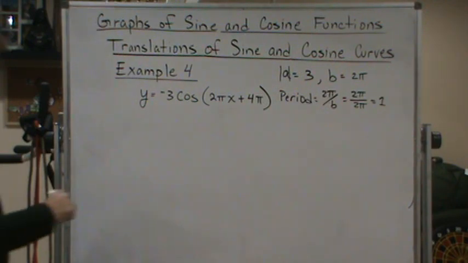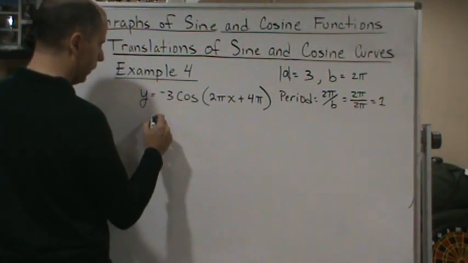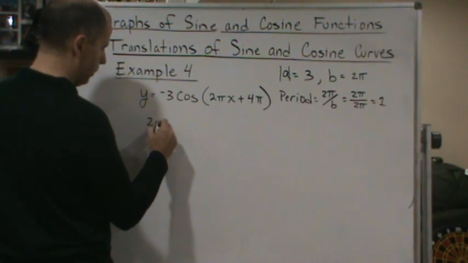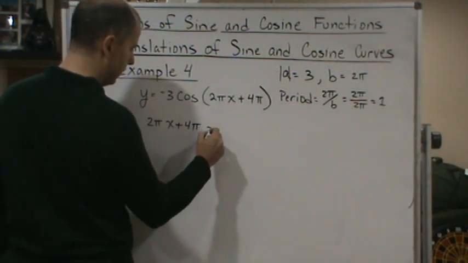Now what we want to do is solve the inside from 0 to 2 pi, right? So we're going to do 2 pi x plus 4 pi equals 0.